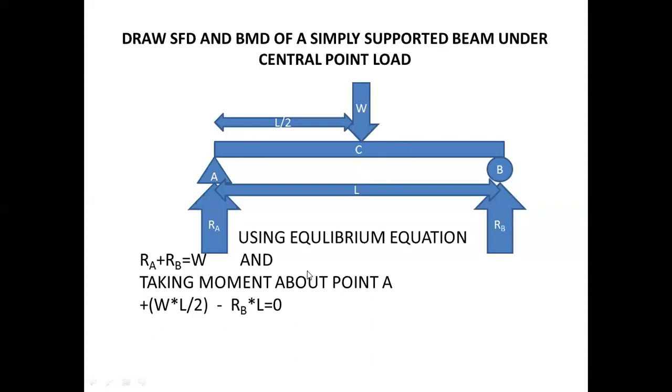One thing I want to tell you: clockwise positive, anti-clockwise negative, we have taken here, but don't confuse this sign convention with the sign convention of the shear force and bending moment diagram. The sign convention that we have already discussed is used only while drawing the shear force and bending moment diagram.